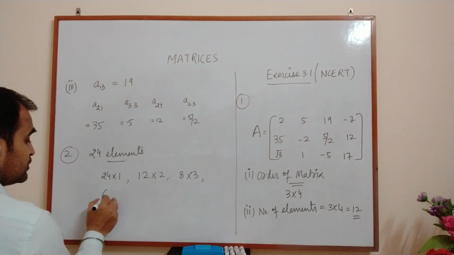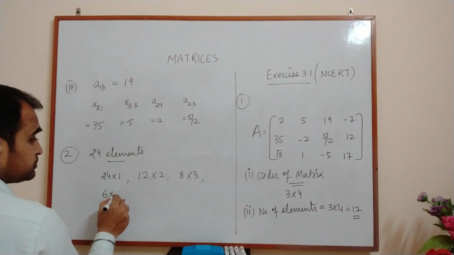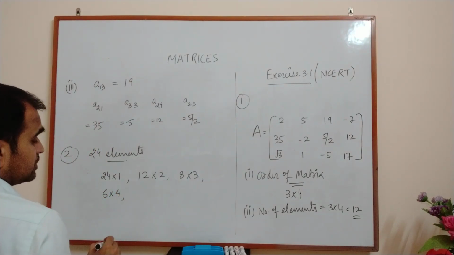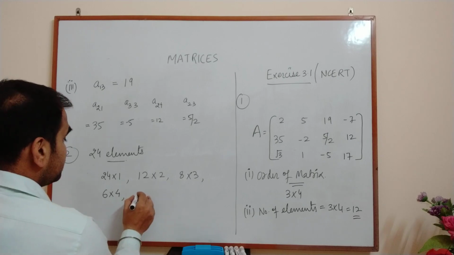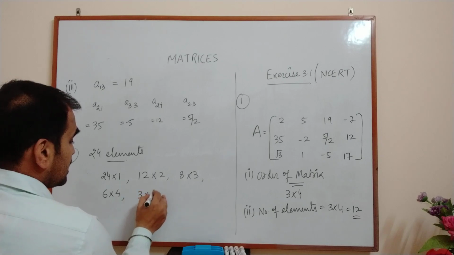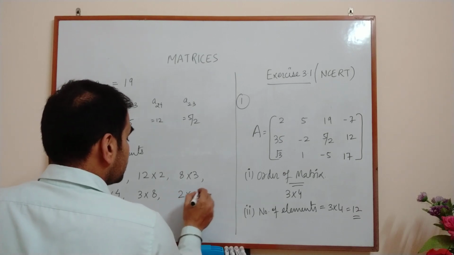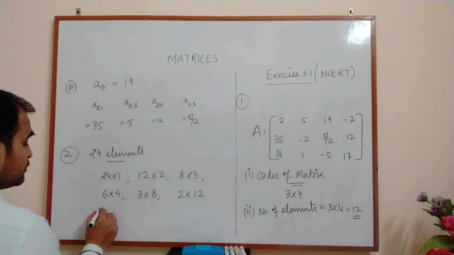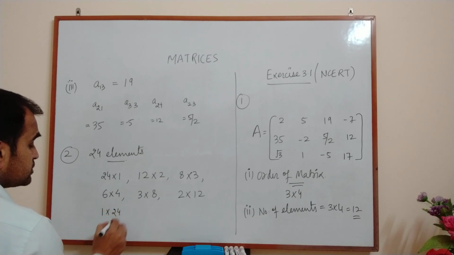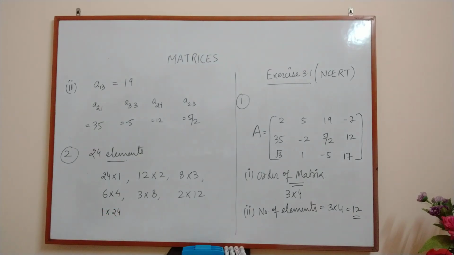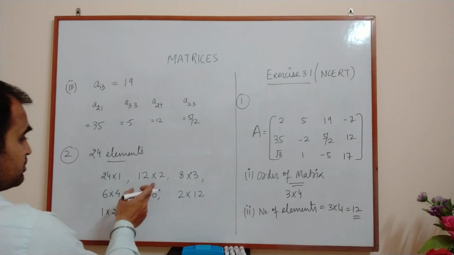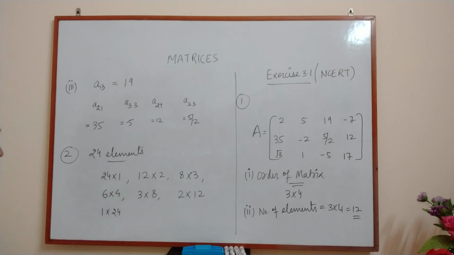And we can have 6 rows and 4 columns, then 3 rows and 8 columns, 2 rows and 12 columns, and 1 row and 24 columns. Otherwise 24 will not come. So these are the possible orders that the matrix can have if there are 24 elements.